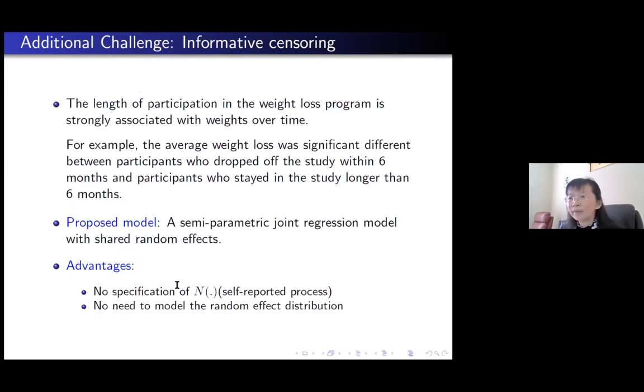To deal with this informative censoring, we have to use a joint model framework. But different from the parametric joint model, our proposed one is a semi-parametric joint model without specifying the distribution for the random effects and the self-reported process.